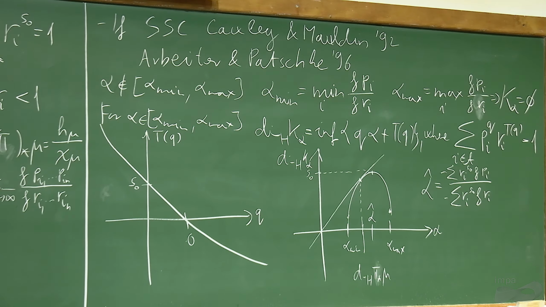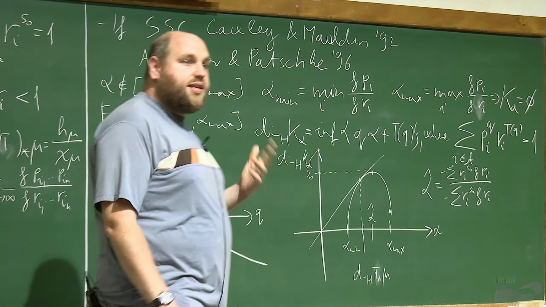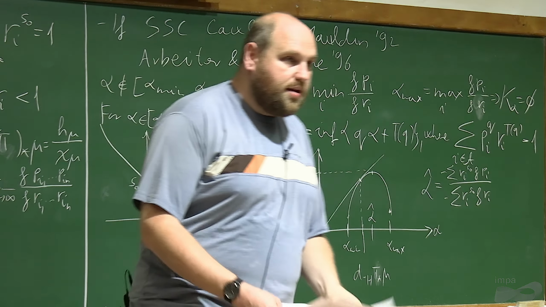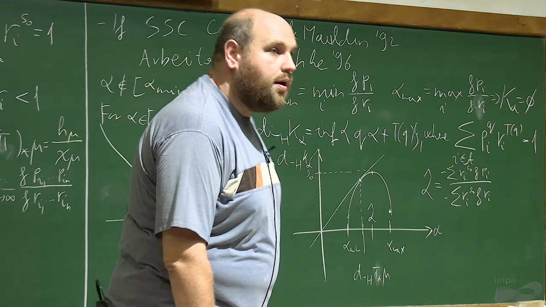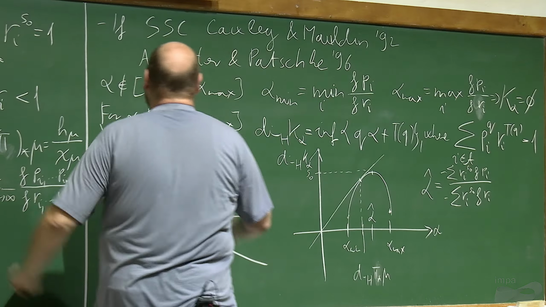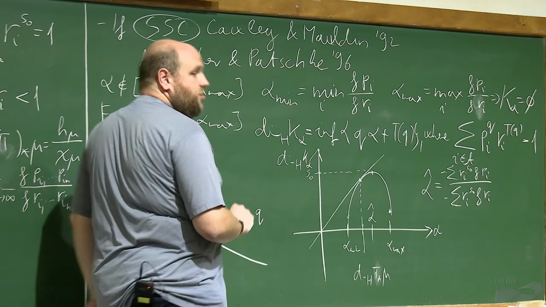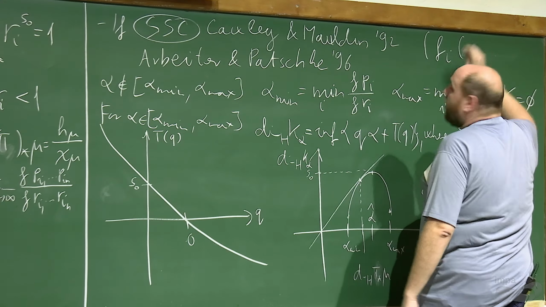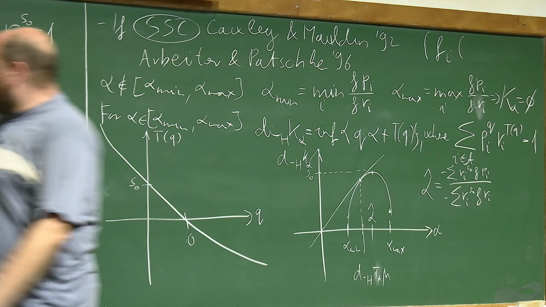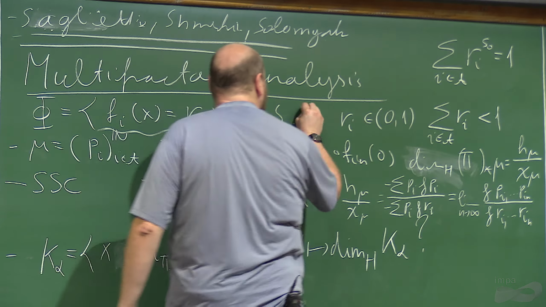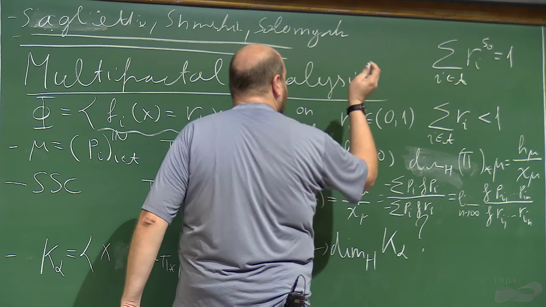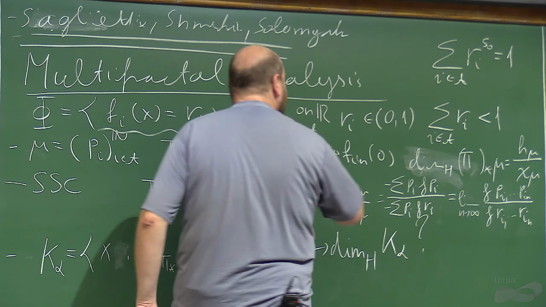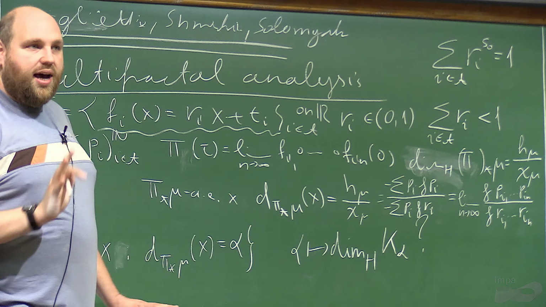Okay, but our main question is now, what can we say? Yes, please. So everything is just like here, and you assume the strong separation condition. Yes. I am on the real line. This theorem would be good in R^d, but just for simplicity, I'm on the real line.